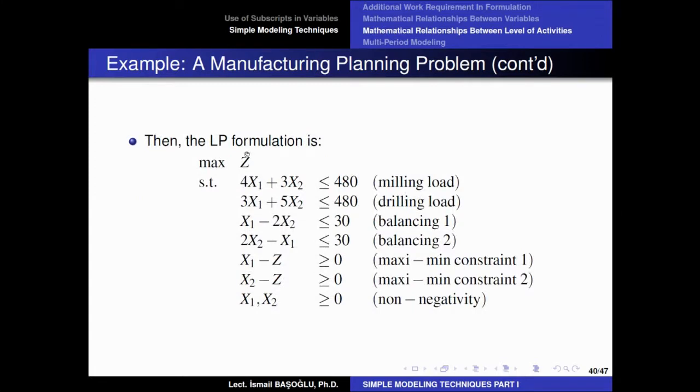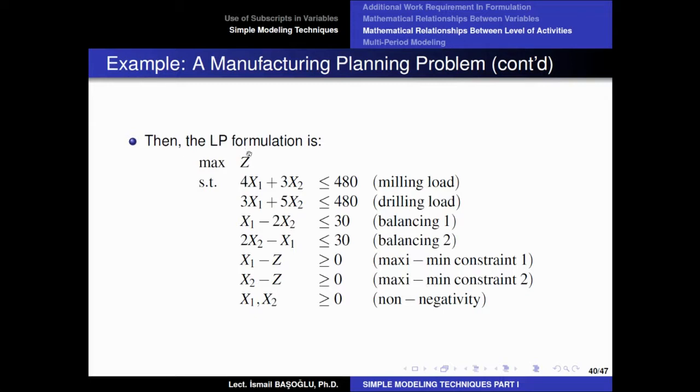This time our objective is not to maximize the profit. We are maximizing the number of completed assemblies by the use of part 1 and part 2. And we are defining z as the minimum of the number of parts that are manufactured on the same day.